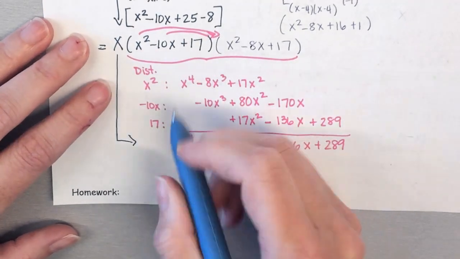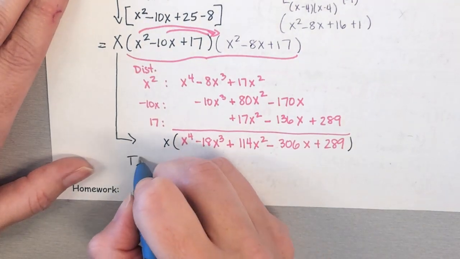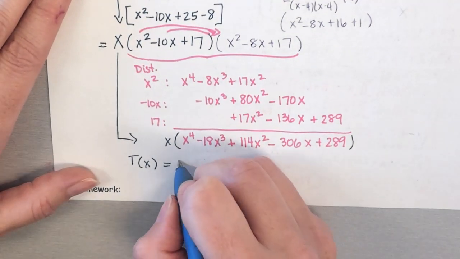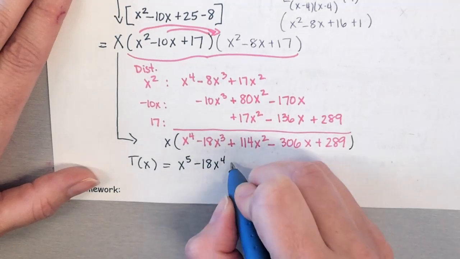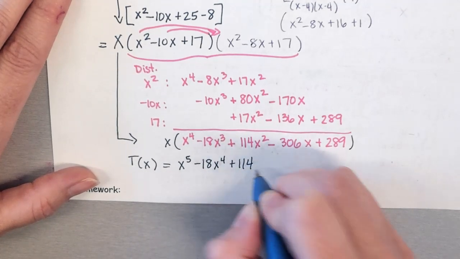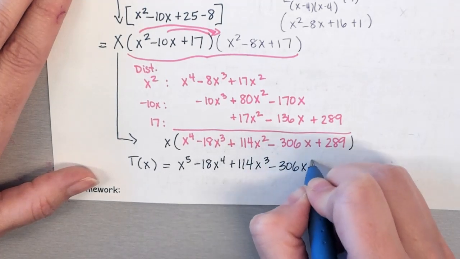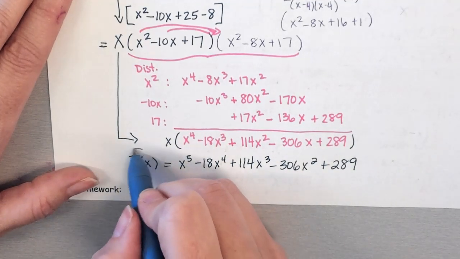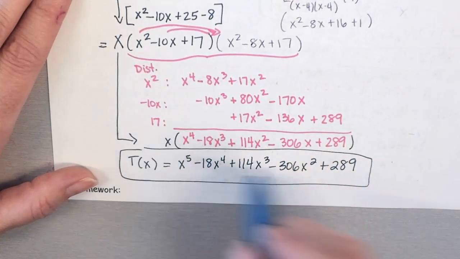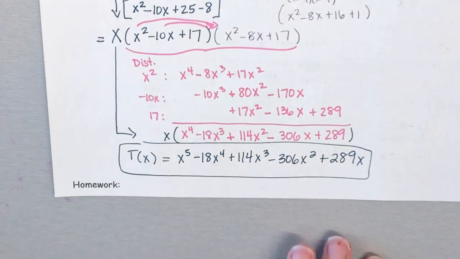And if you are multiplying everything by x, what's the only thing that happens? The x goes up. So it's x to the fifth minus 18x to the fourth plus 114x cubed minus 306x squared plus 289x. Thank you.